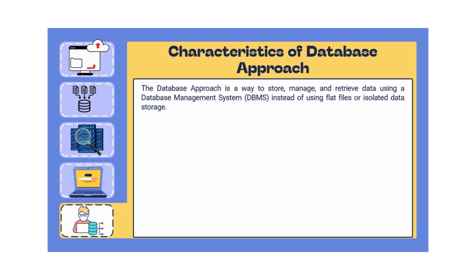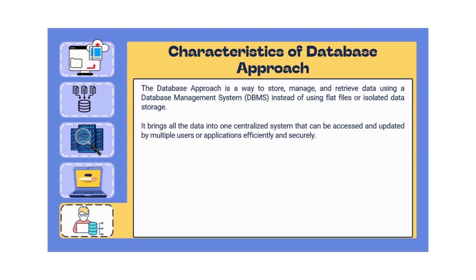Characteristics of database approach. Here we can say the database approach is a way to store, manage, and retrieve data using a DBMS instead of using flat files or isolated data storage. It brings all the data into one centralized system that can be accessed and updated by multiple users or applications efficiently and securely.